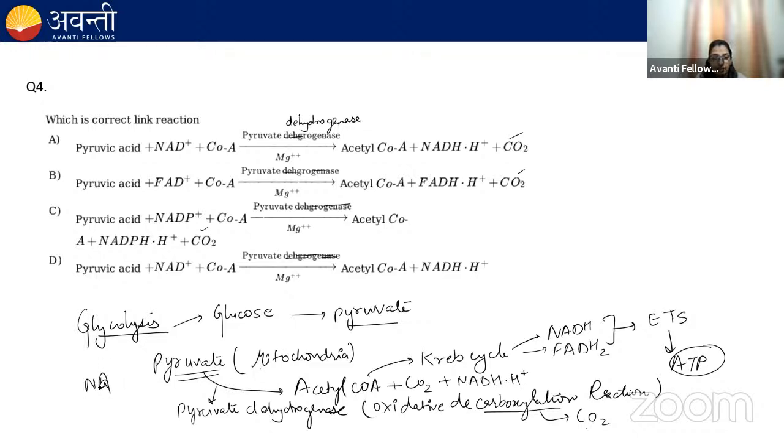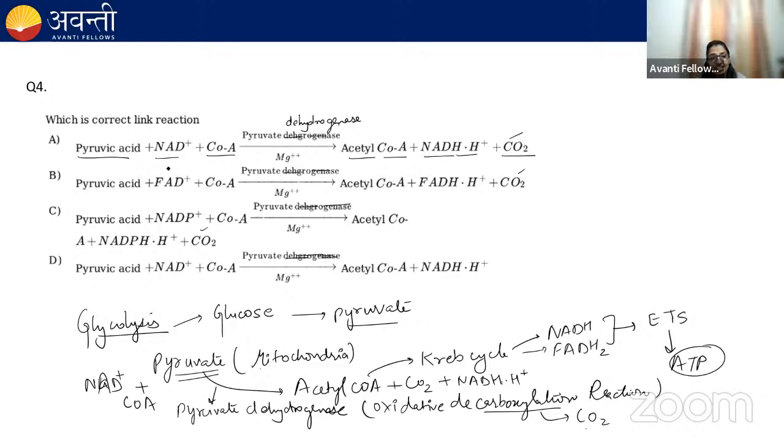That means here NAD+ would be the reactant, and here coenzyme A. Now you can easily find the correct link reaction. Pyruvic acid, NAD+, coenzyme A, enzyme is pyruvate dehydrogenase, acetyl-CoA is formed, NADH plus H+ is formed, and CO2 is released.